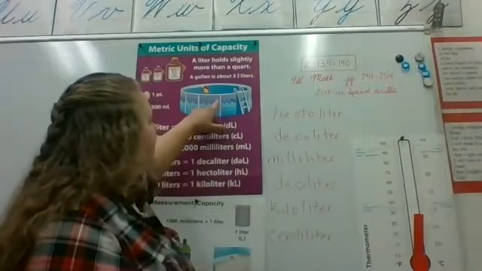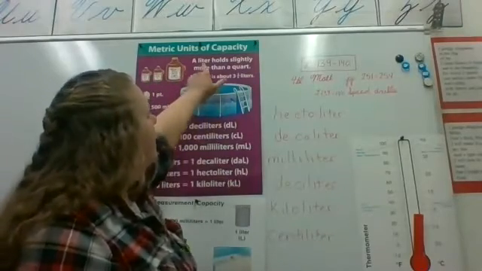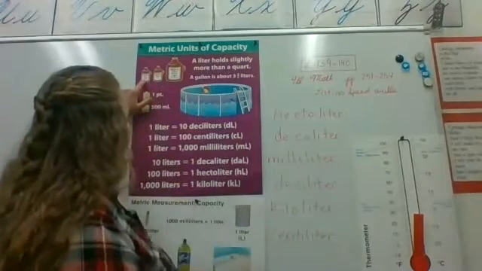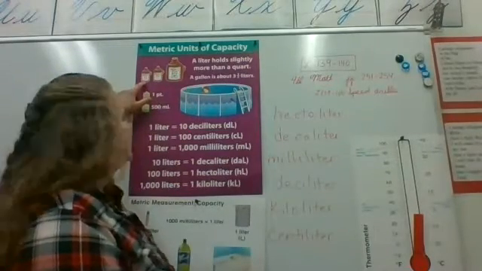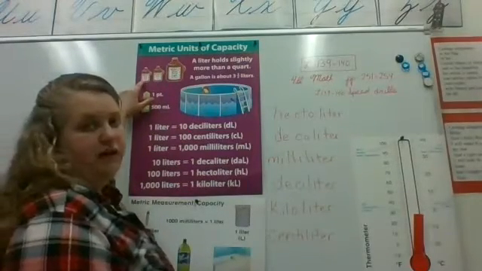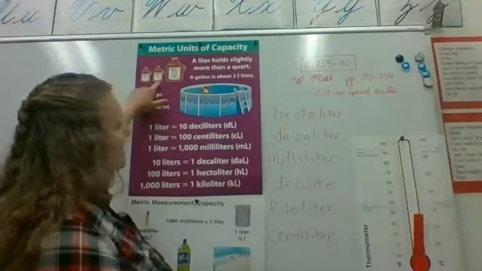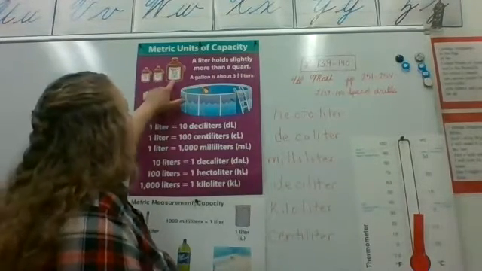So when we think of liter, we think of liquid, right? A liter holds slightly more than a quart, so it's just a little bit more than a quart. You can have a quart of maple syrup, is what this one says, Mom's maple syrup, and then you can have a liter, which is the next size, just slightly bigger, and then a gallon.